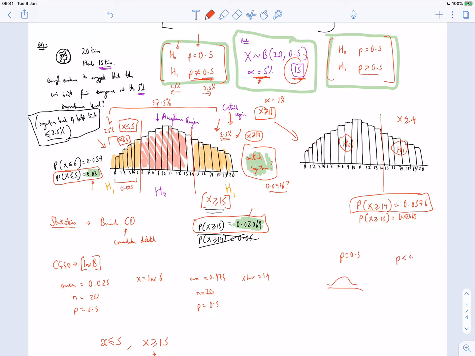If p is less than 0.5, you'd expect the distribution to be positively skewed, i.e. you wouldn't get many successes. And if p was greater than 0.5, you'd expect it to be negatively skewed, i.e. you'd succeed most of the time. And so you can check, well, actually, you've got to go pretty high up for the extremes, and you have to go pretty high up for the lower extremes as well. And you can just use your common sense to pinpoint things down.